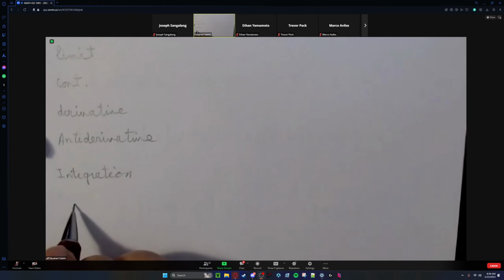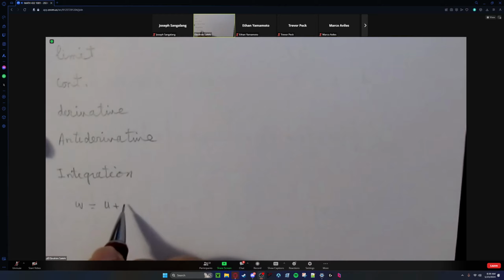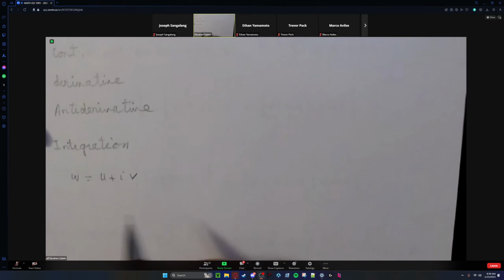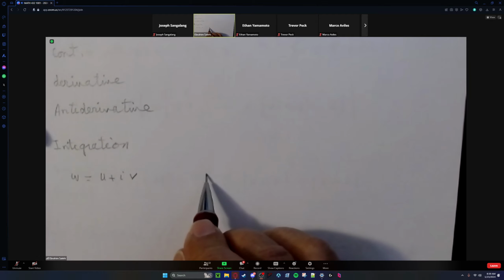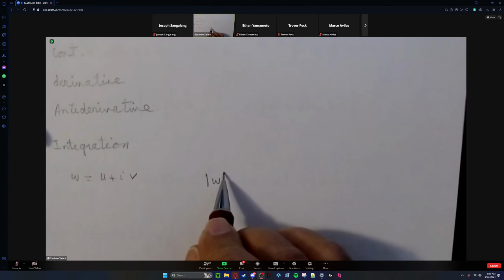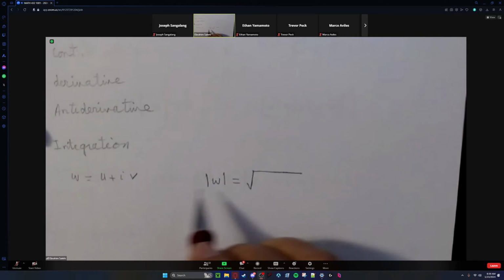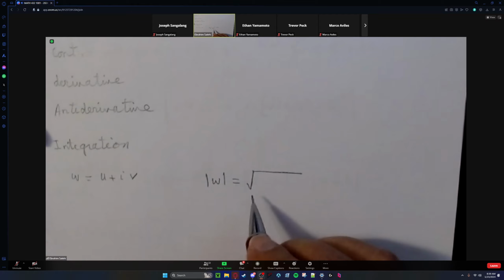So if you have a complex number u plus iv, its modulus, if you remember, the modulus of this w is the square root of this square plus this square.